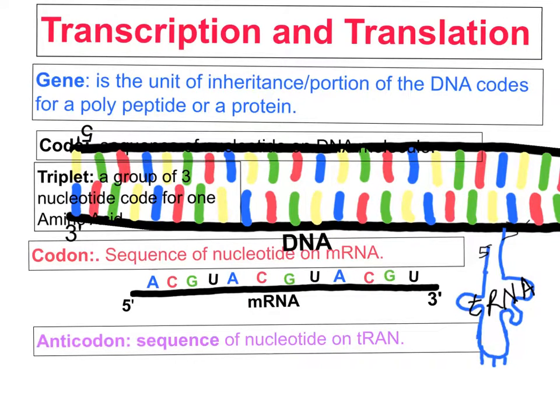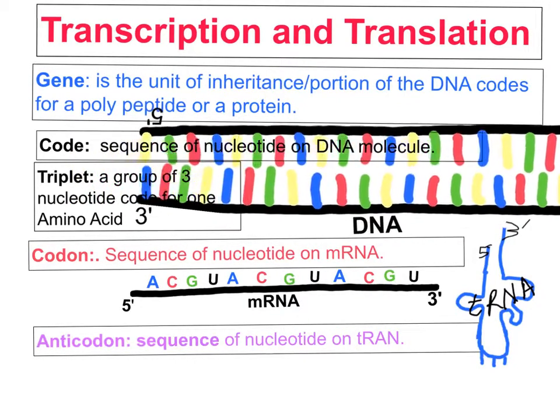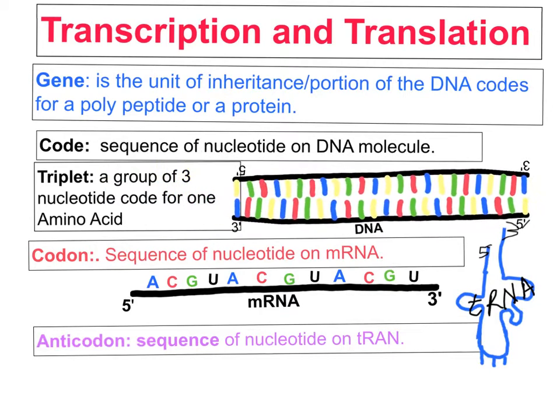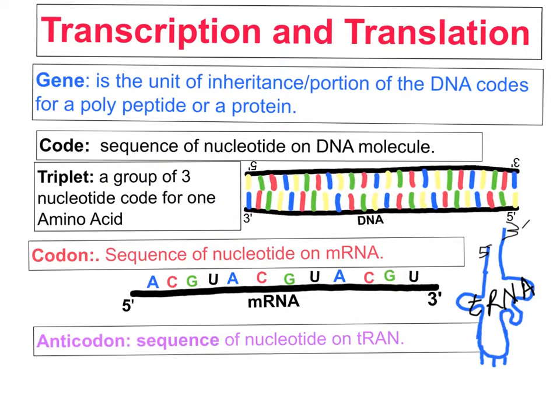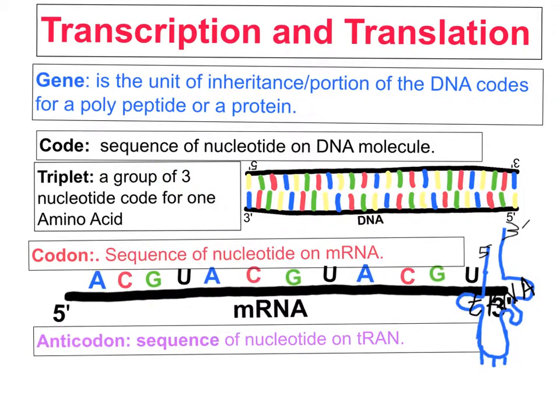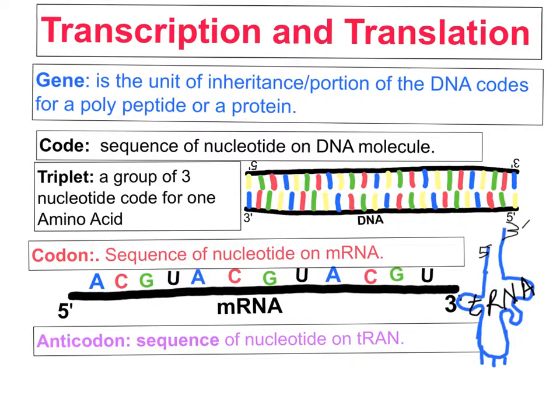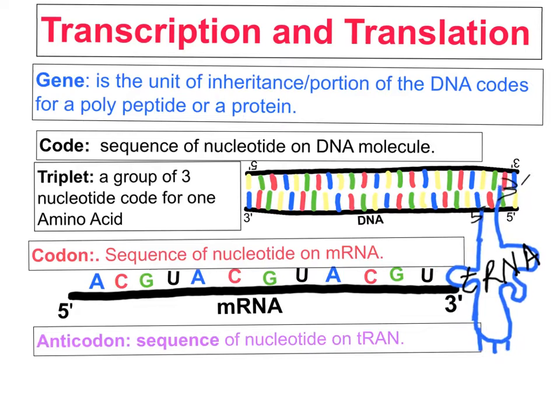So then we can say that the sequence of nucleotides on DNA is called code, and the sequence of nucleotides on messenger RNA is called codon, and the sequence of nucleotides on transfer RNA is called anticodon.